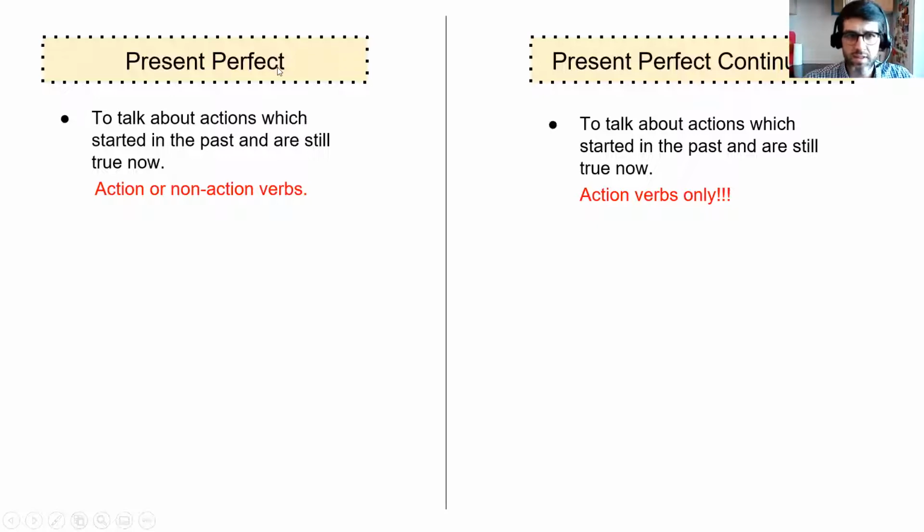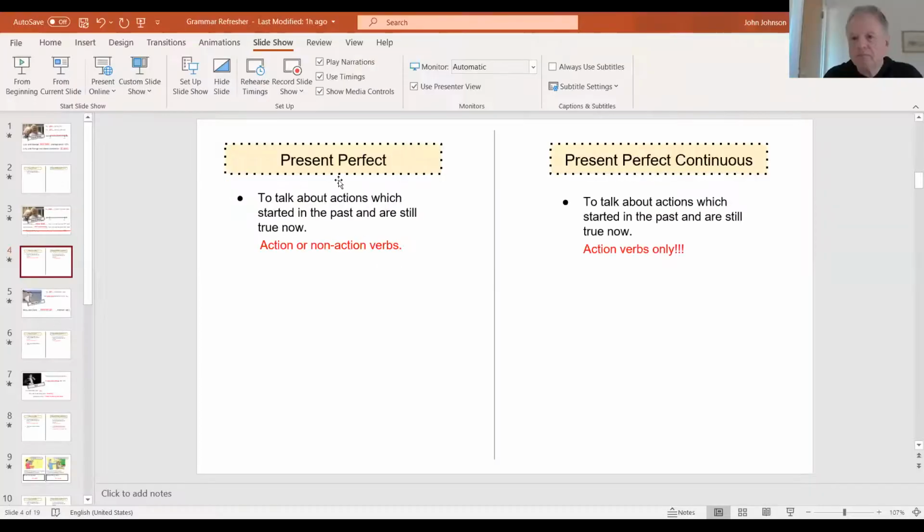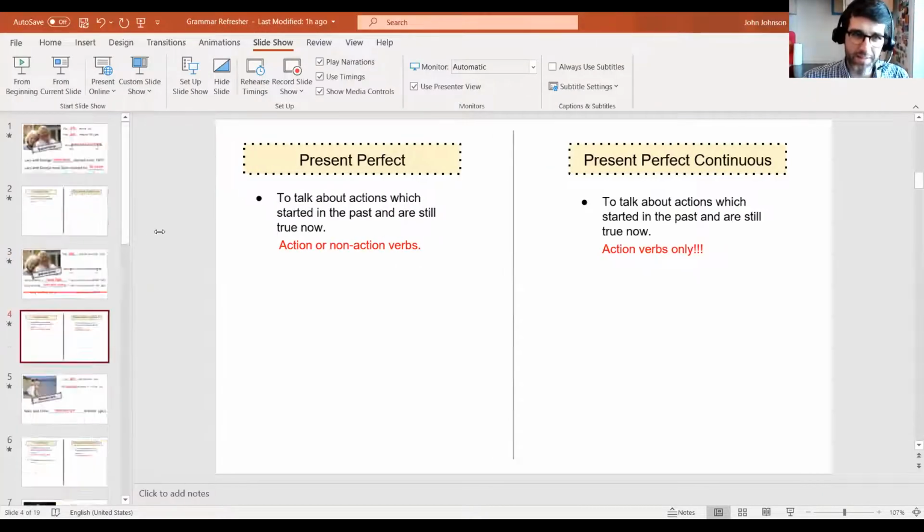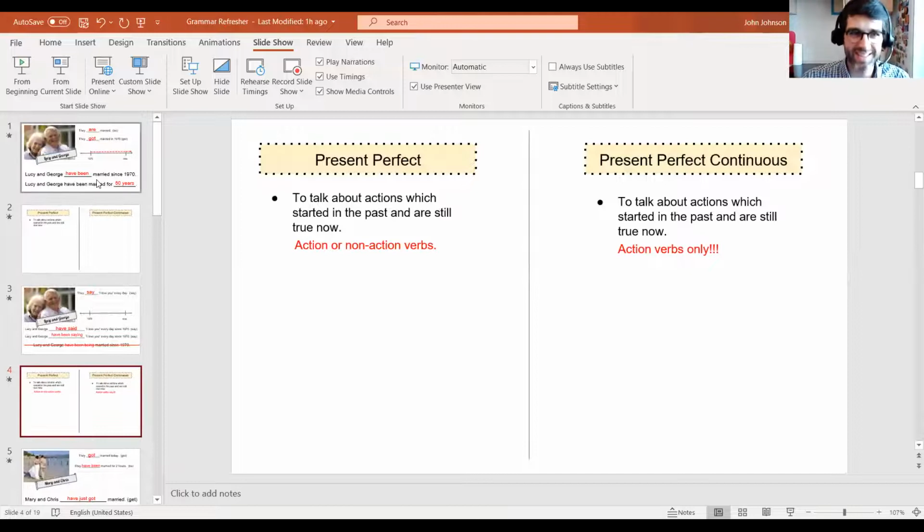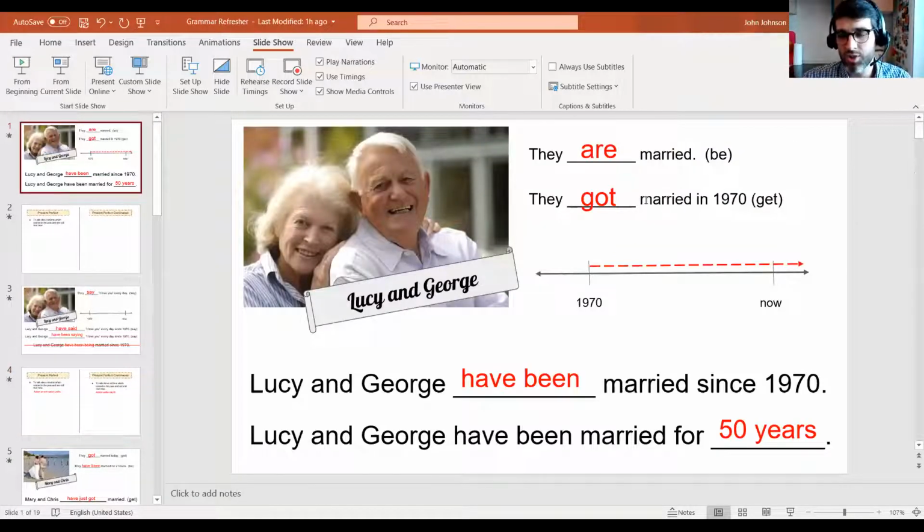For present perfect, we can use it for action or non-action verbs. So obviously, I don't need to go through all of the present perfect and present perfect continuous, as you know that. But the point here is to show how PowerPoint slides can be designed to teach grammar.